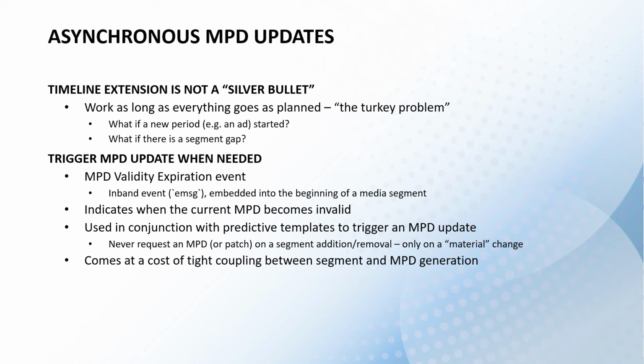So if you issue this event every time there will be a material change to the MPD, let's say a new period, you can trigger a request for the MPD. So you are always running with the most current MPD, but you are still guessing the next URL.